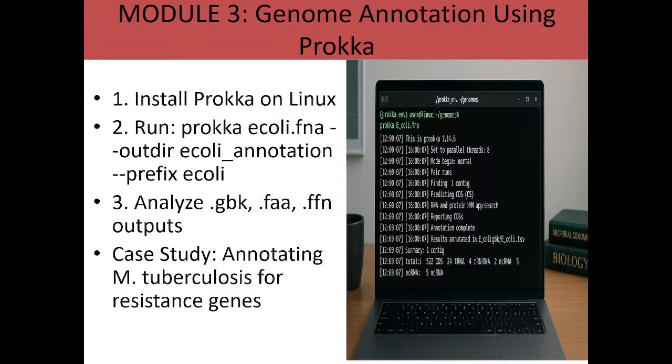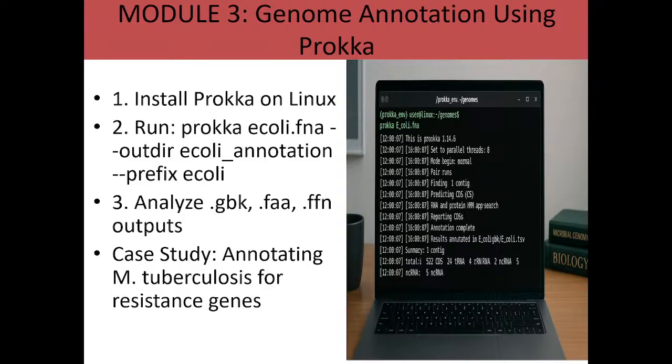So step 3, you just click on analyze. The outputs are .gbk, .faa, .ffn. The case study is annotating Mycobacterium tuberculosis for resistance genes. So that is Prokka, you are trying to annotate.